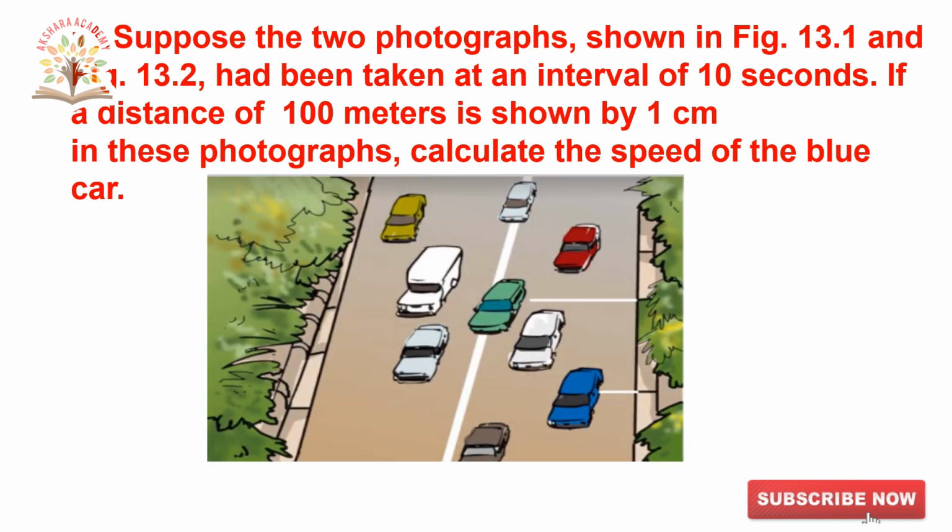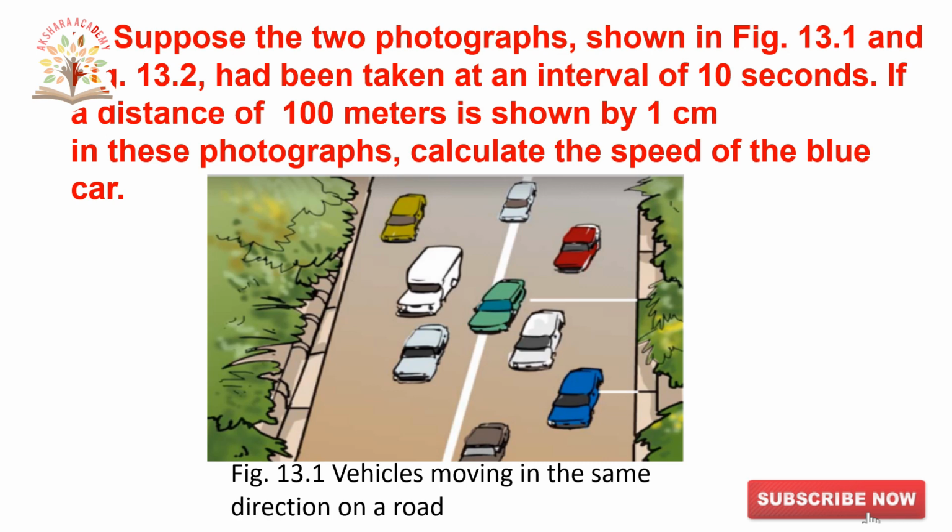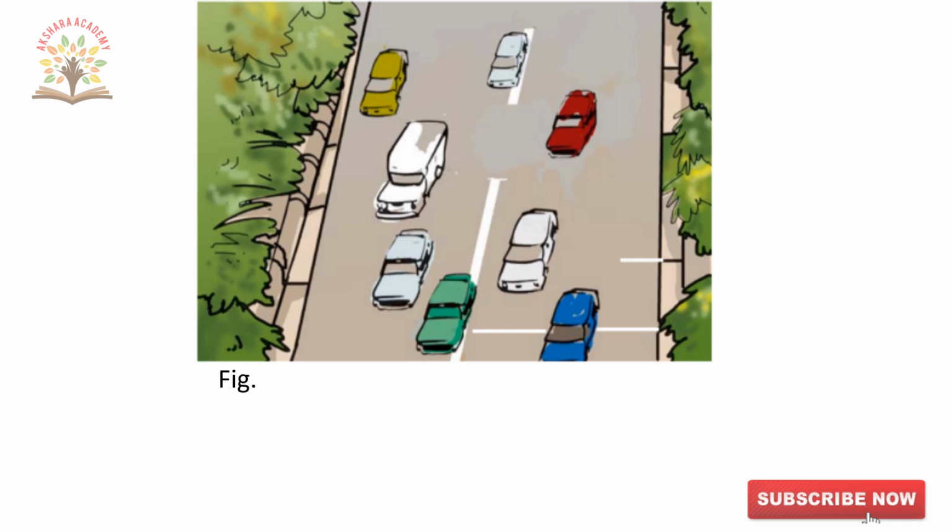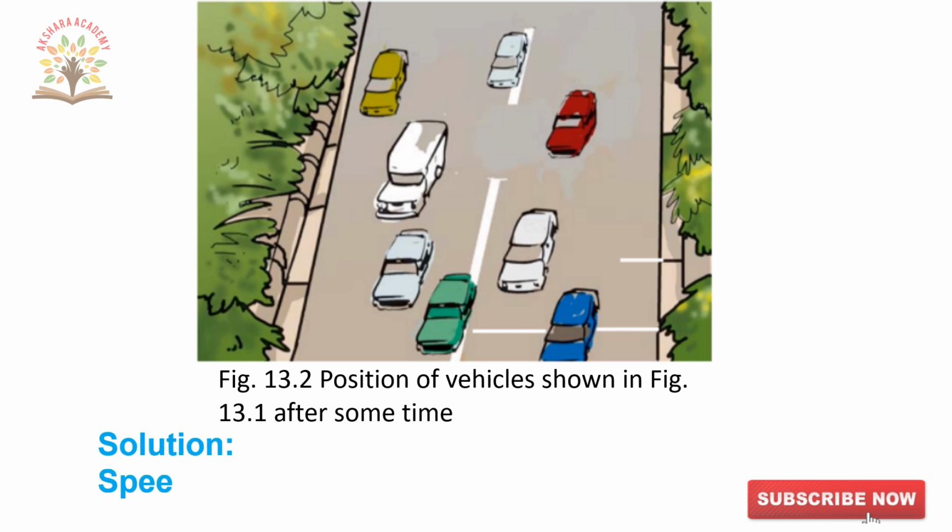This is figure 13.1, vehicles moving in the same direction on a road. Now we'll see figure 13.2. This is figure 13.2, position of a vehicle shown in figure 13.1 after some time.